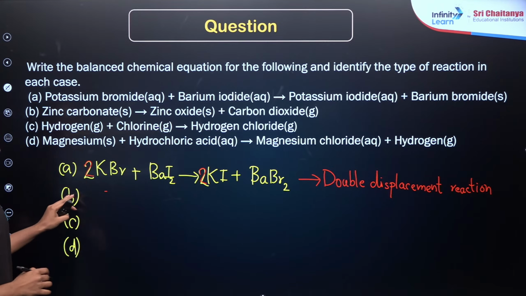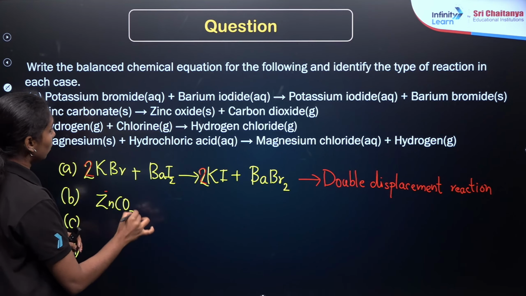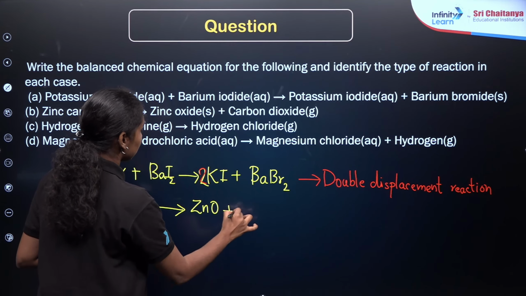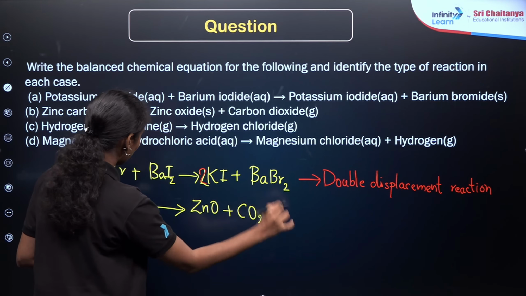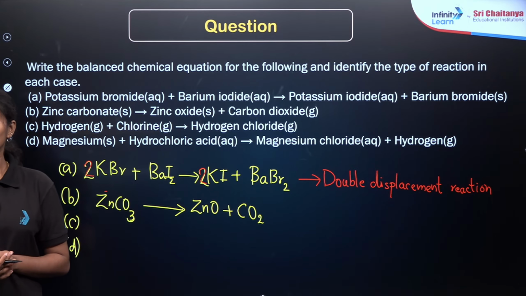Then second reaction, zinc carbonate, ZnCO3, gives zinc oxide, ZnO plus carbon dioxide. What will be the balancing? Do we need to balance?